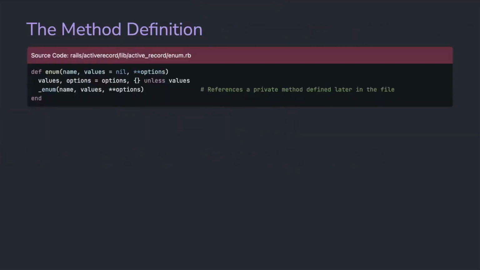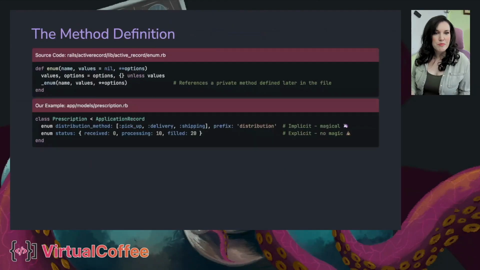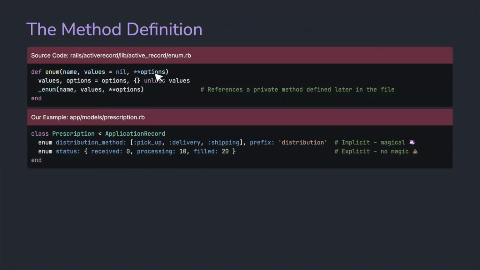So here's the method definition. And here's an example that we're going to use to examine it. We have our enum that takes arguments name, values, and options.